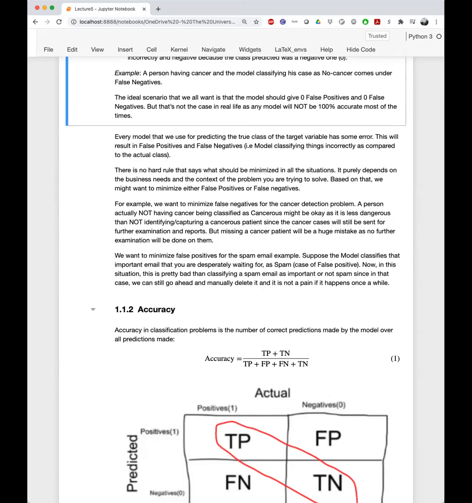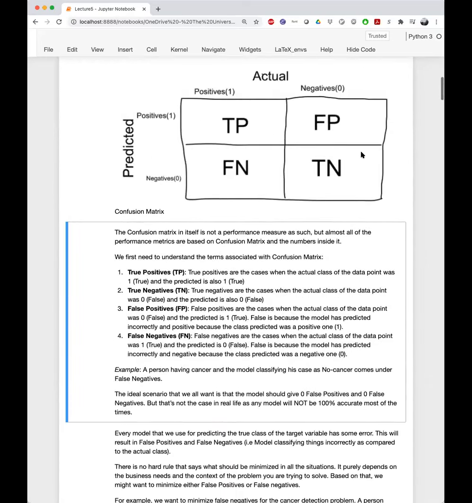All right, we just mentioned that in these two cases, false positive is greater than 0, and false negative is also greater than 0. That brings up a problem. When you are training the model, do you want to reduce the false positive as much as possible, or reduce the false negative as much as possible?